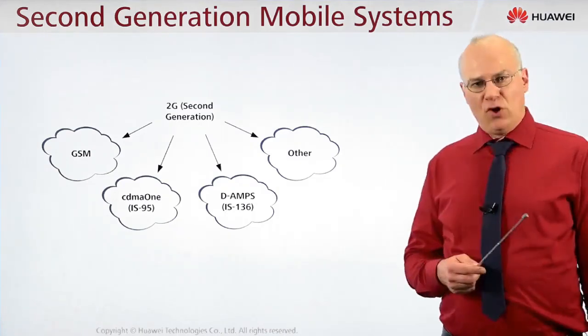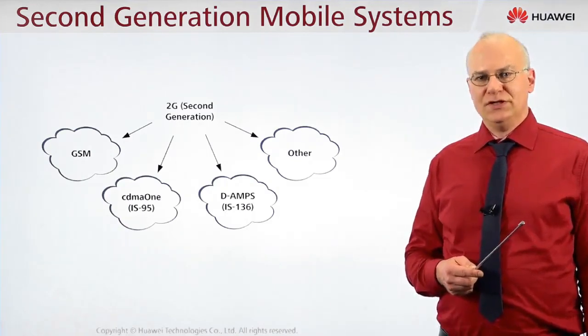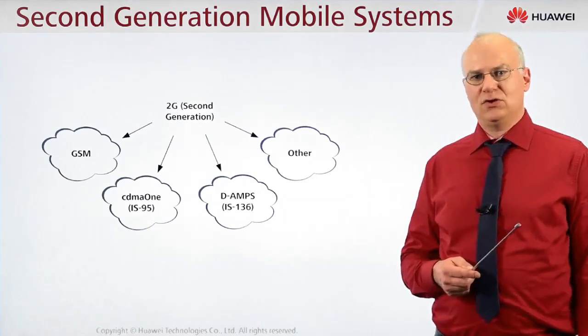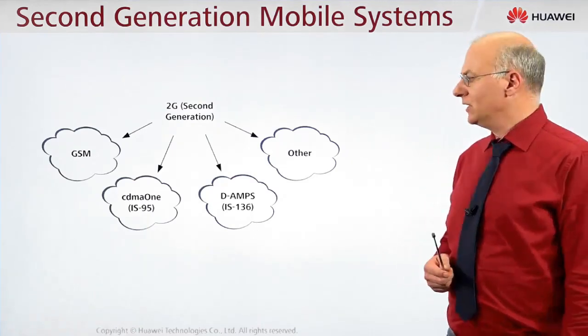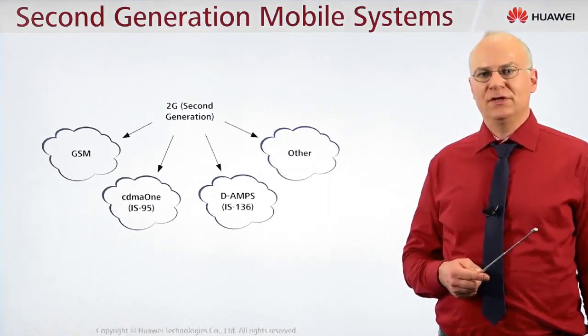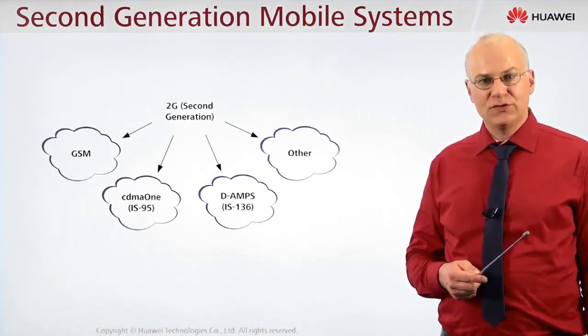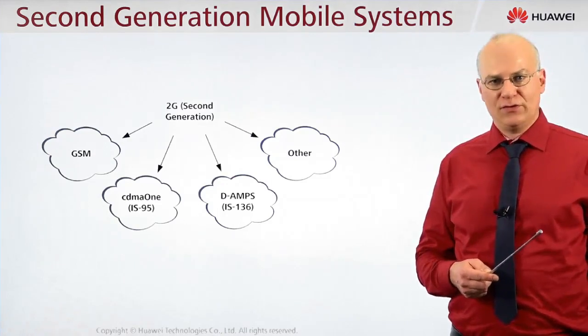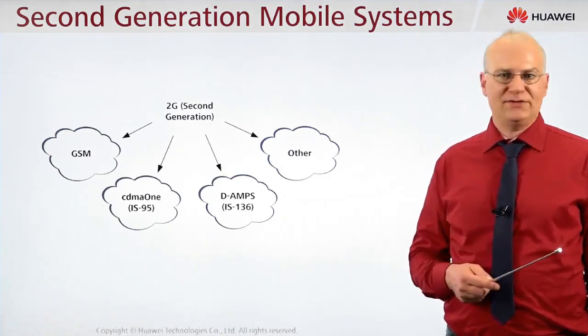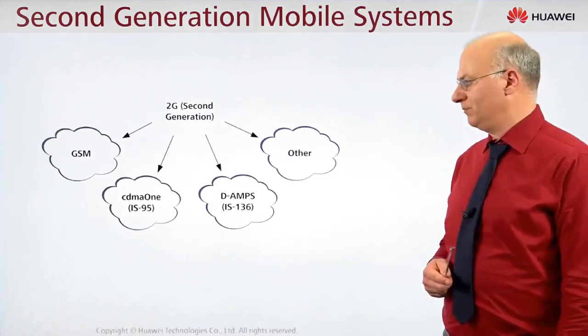The most important one is GSM, Global System for Mobile Communication, which was developed in Europe but has a widespread use and is still used all over the world, and it will be used in the next years to come also, that's for sure.